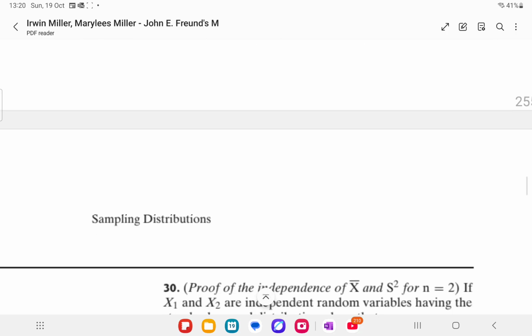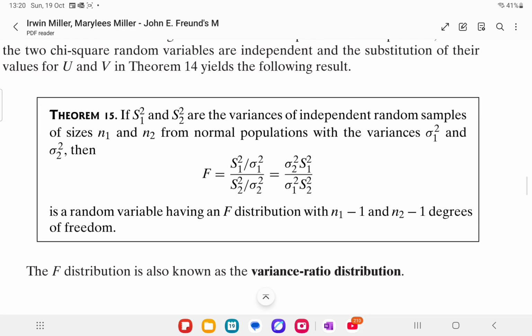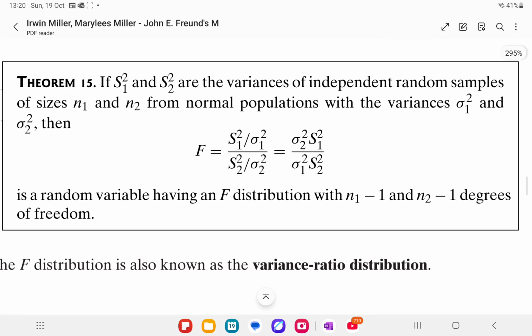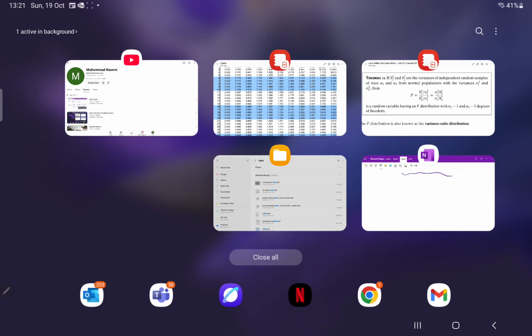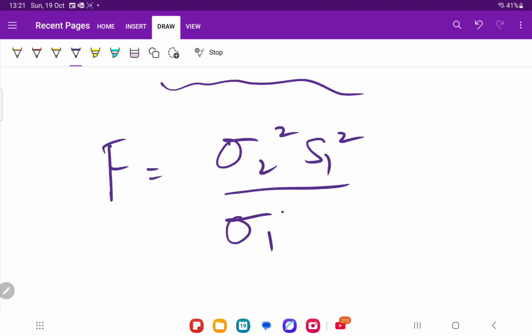Okay, so that is the formula of the F distribution: sigma 2 square into S1 square over sigma 1 square into S2 square.